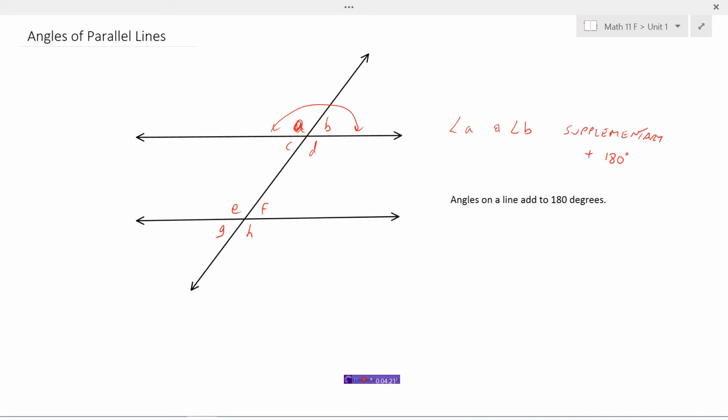Now the other thing that we probably know already from geometry is opposite angles are equal. So if I look at angle G here and angle F, they're vertically opposite each other. These two angles right here. So angle G is going to equal angle F because they are what's called vertically opposite.